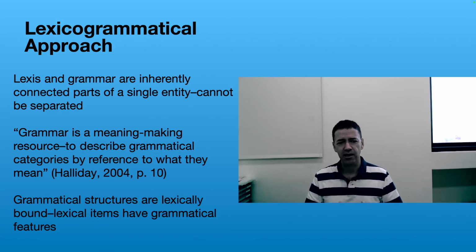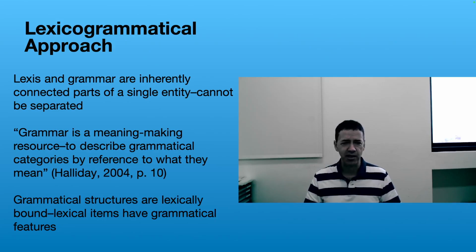Okay, the next thing that I wanted to bring up in the book talks about is the lexical grammatical approach, which means lexis and grammar are inherently connected parts of a single entity, and you cannot actually separate them. It's kind of like what I talk about reading and writing. It's hard to separate the two. So here's a quote from Halliday.